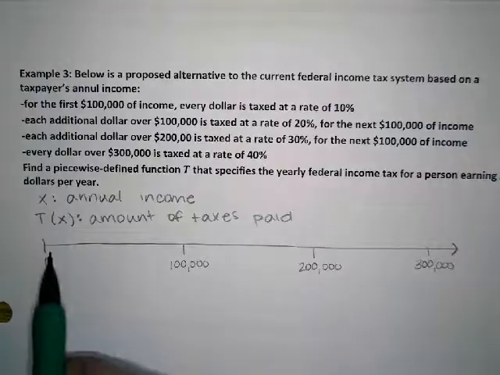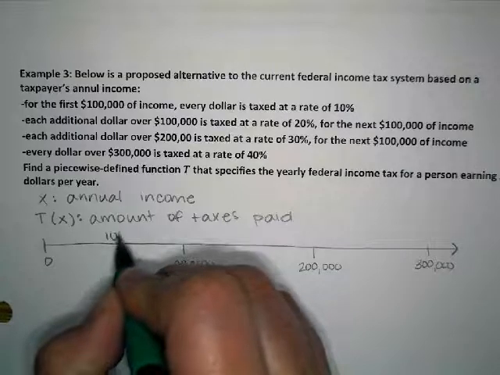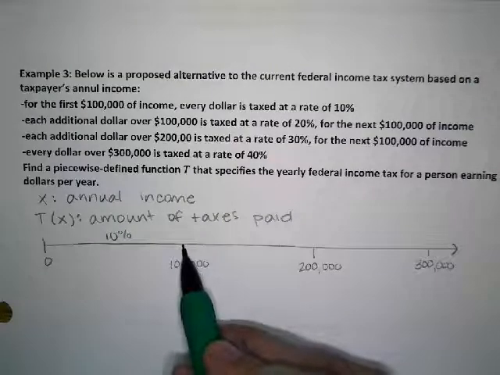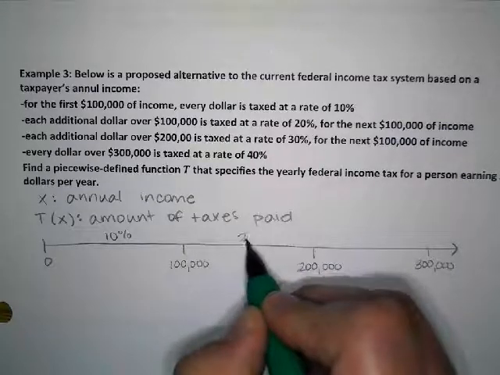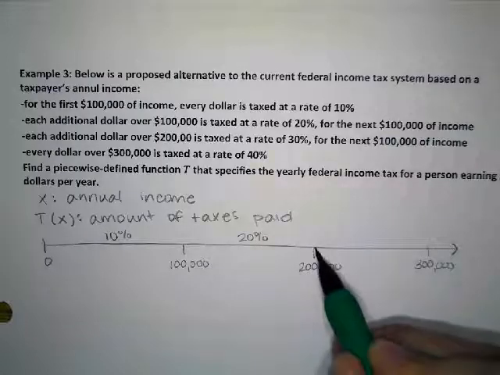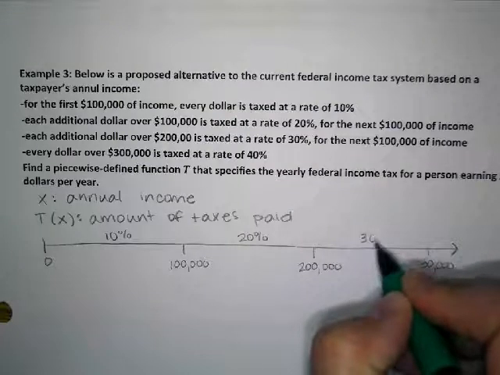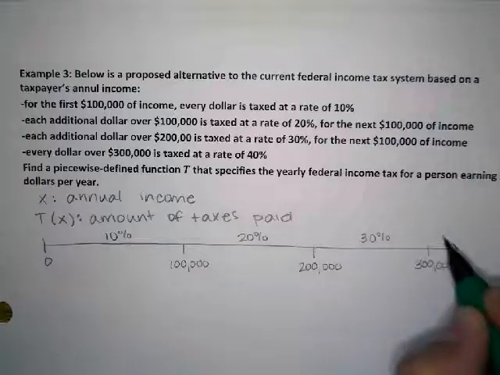If you make an income that's between 0 and 100,000, you're going to be taxed at 10%. Any amount of your income that's over 100 but less than 200,000 is going to be taxed at 20%. Any amount of your income that is over 200,000 but less than 300,000 is going to be taxed at 30%. And then any amount of your income that is over 300,000 is going to be taxed at 40%.